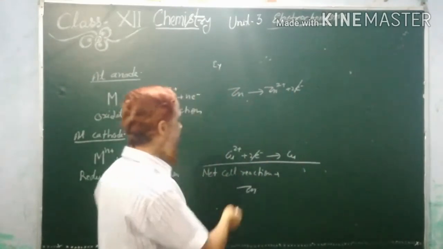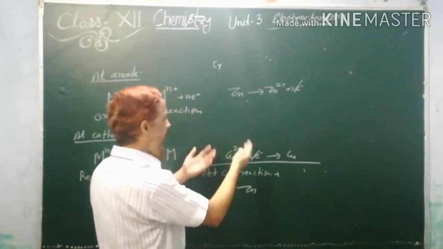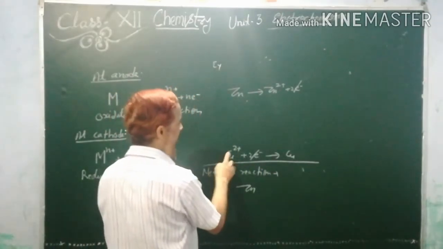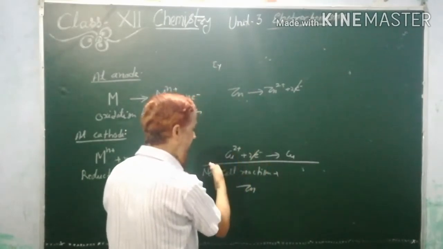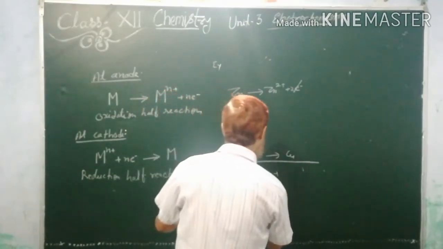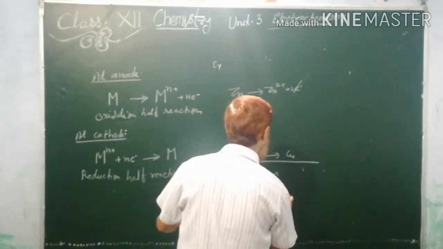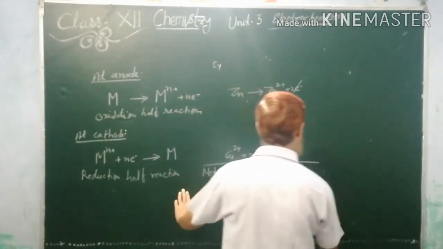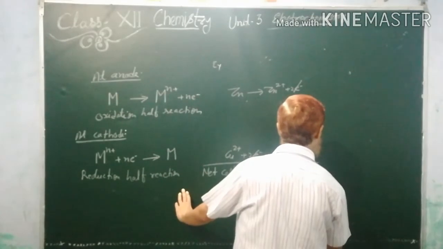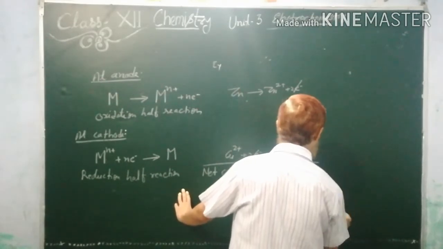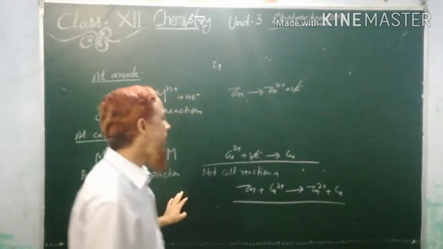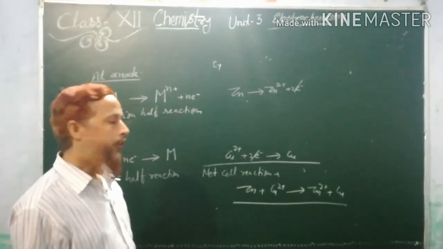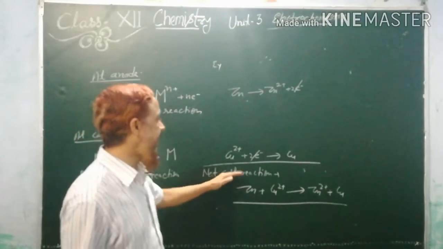But in the Daniell cell, the number of electrons is the same, so directly we can write zinc on the left hand side and then copper. So first we write the left hand side reactants, Zn plus Cu2+, changes into Zn2+ plus Cu. So this is called the net cell reaction of the Daniell cell. It is very easy to write the net cell reaction.